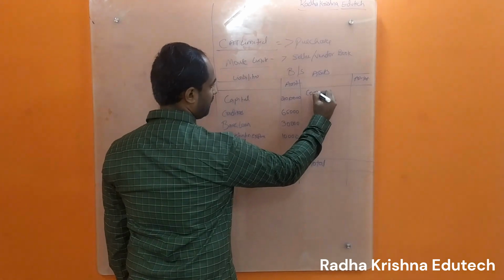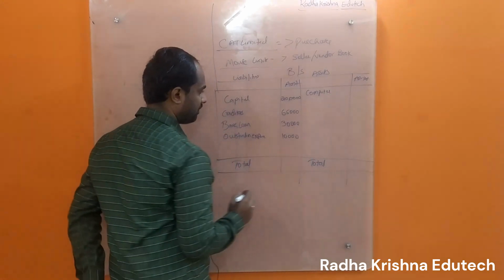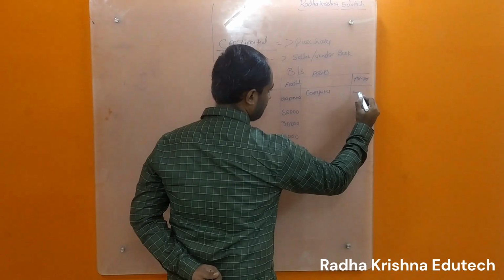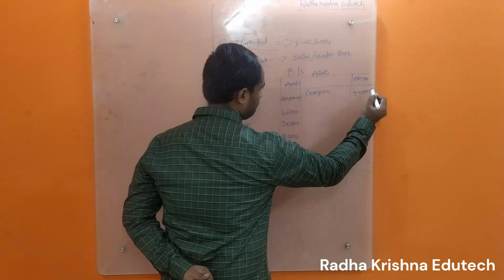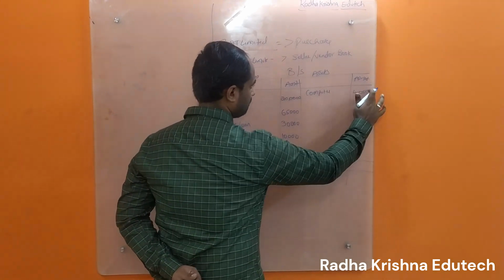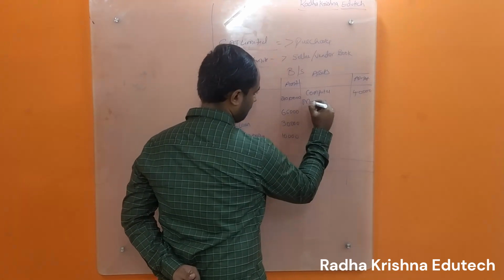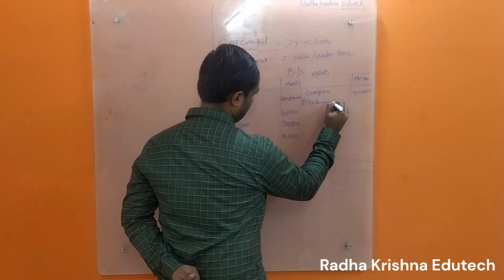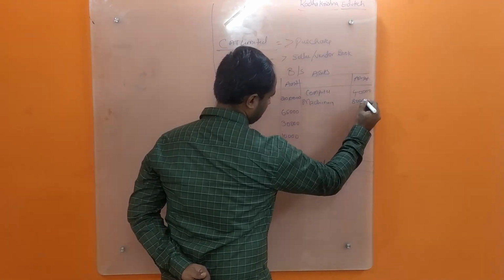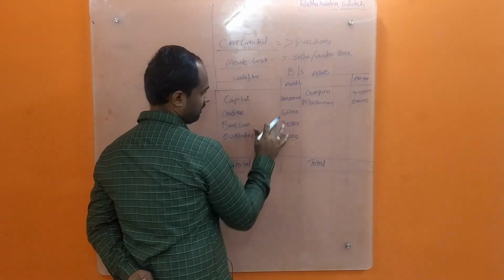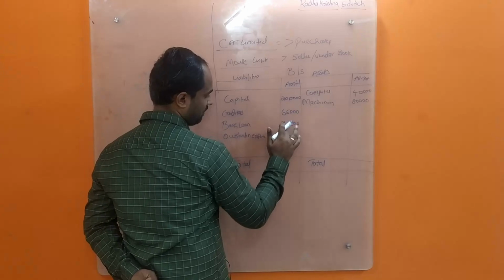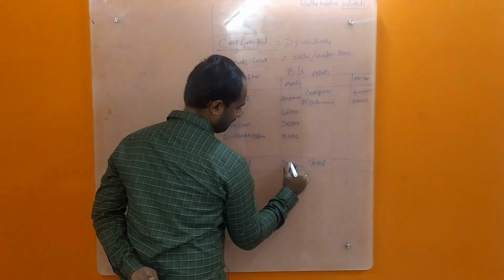So here computer, this is all my asset side. Computer some 40,000. Machinery 80,000. So here how much I have? 2 lakh 60, 2 lakh 60, 2 lakh, 3 lakh 5,000.